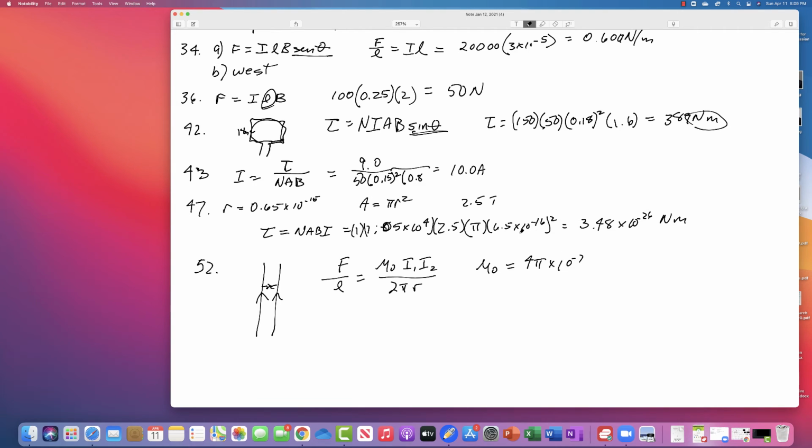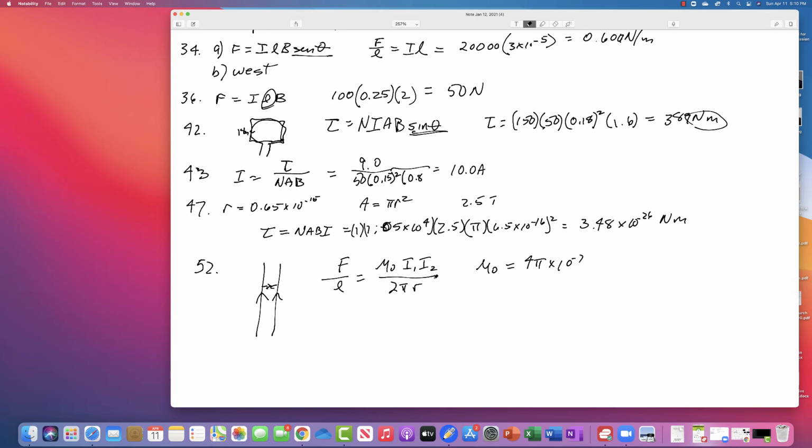Okay, so the first problem is problem number 52. A 2.5 meter segment of wire supplying current to a motor of a submerged submarine carries a current of 1,000 amps and feels a 4 Newton force from the parallel wires 5 centimeters away. What is the direction and magnitude of the current in the other wire?